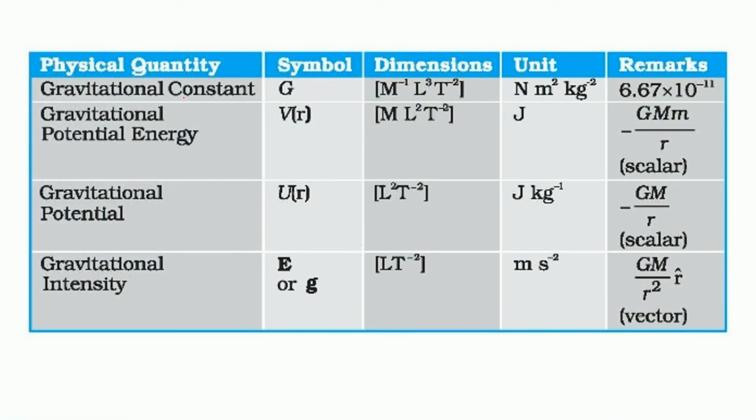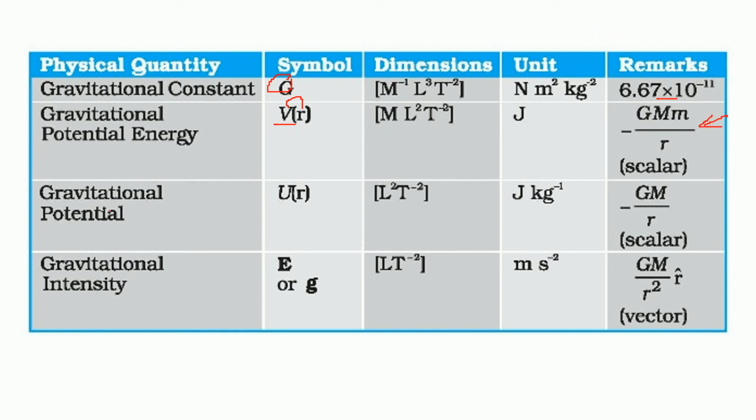So we have certain physical quantities, their symbols, dimensions, units and remarks. The gravitational constant is given by capital G, the dimension is this much, and the value is this much. The gravitational potential energy, represented by V, is a function of radius, given by −GMm/r, and this is a scalar quantity.